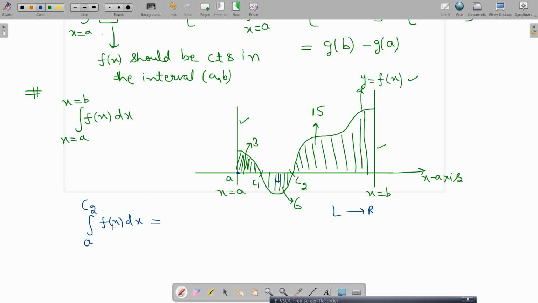All right, so when I say from a to c2, that means we have to consider two areas, this 3 and this 6. Can you see that? So what should I write here?